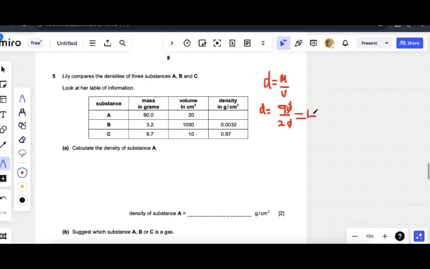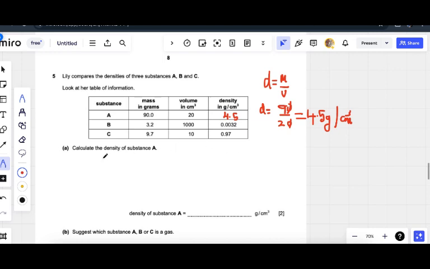So here our density is 4.5 gram per centimeter cube. We write the value here, 4.5. You don't need to write the unit because the unit is already on top. We only write 4.5 here. Is that okay?